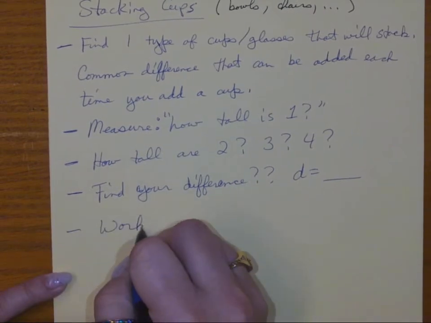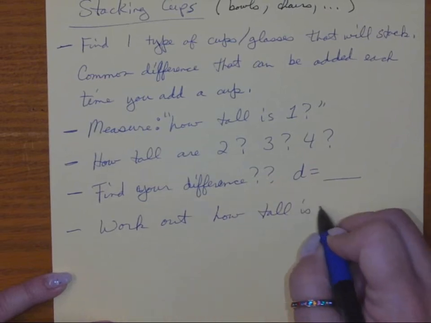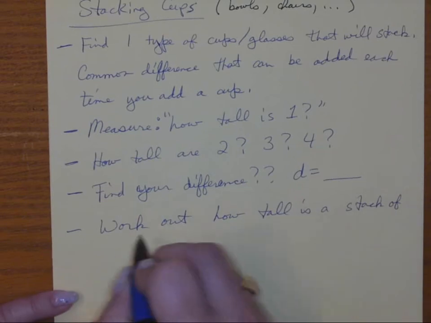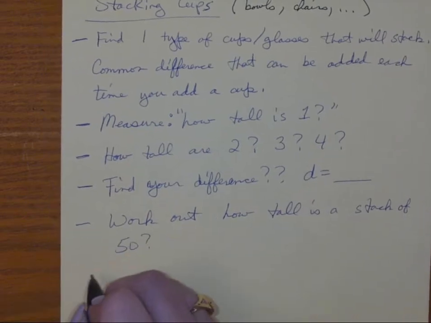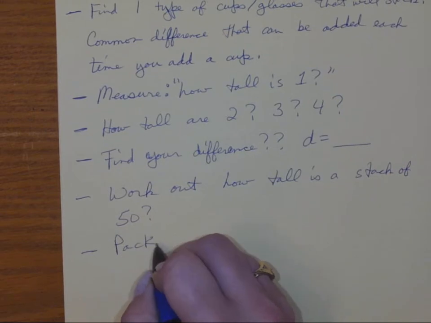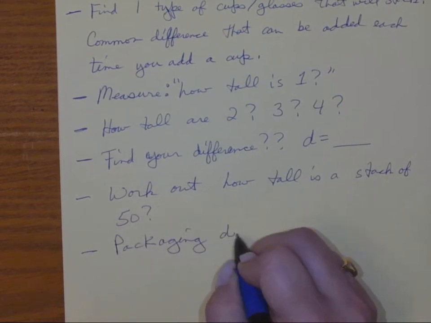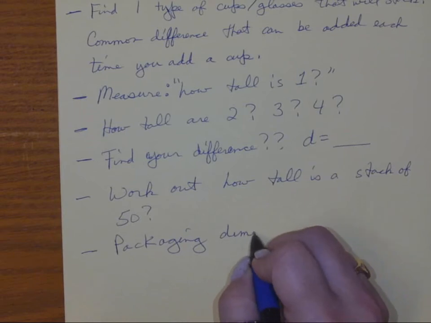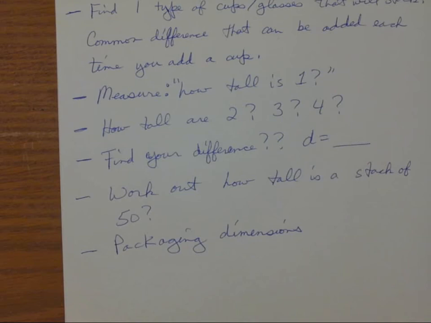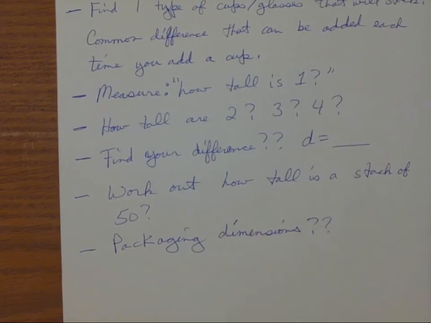So work out how tall is a stack of 50. And then be careful because they also ask you to figure out what are the packaging dimensions. I think that's right. Anyway, they also ask you to figure that out.